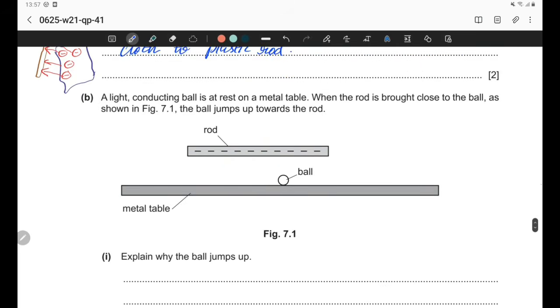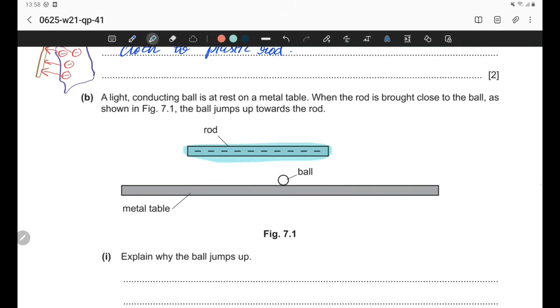Part B, a light conducting ball is at rest on a metal table. When the rod is brought close to the ball, as shown in figure 7.1, the ball jumps up towards the rod. Explain why the ball jumps up. Here we already know that the rod is negatively charged as it was rubbed with the cloth.